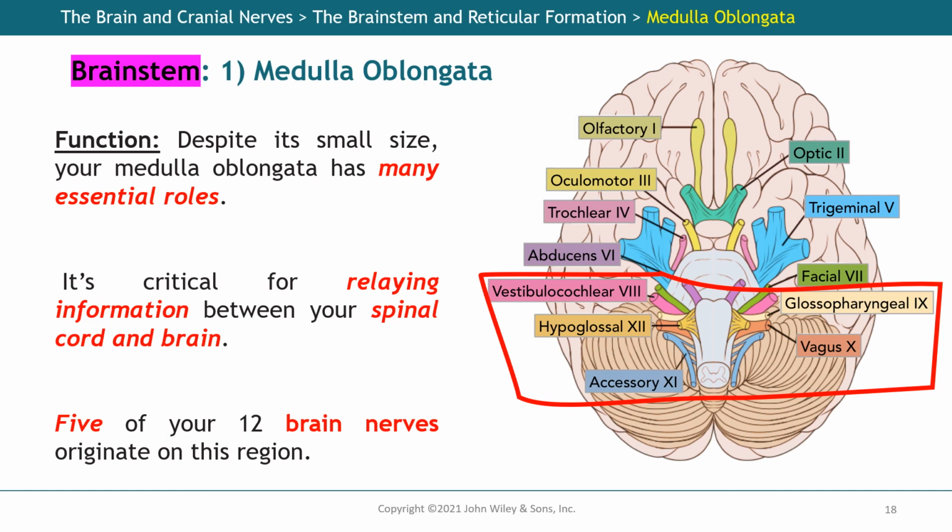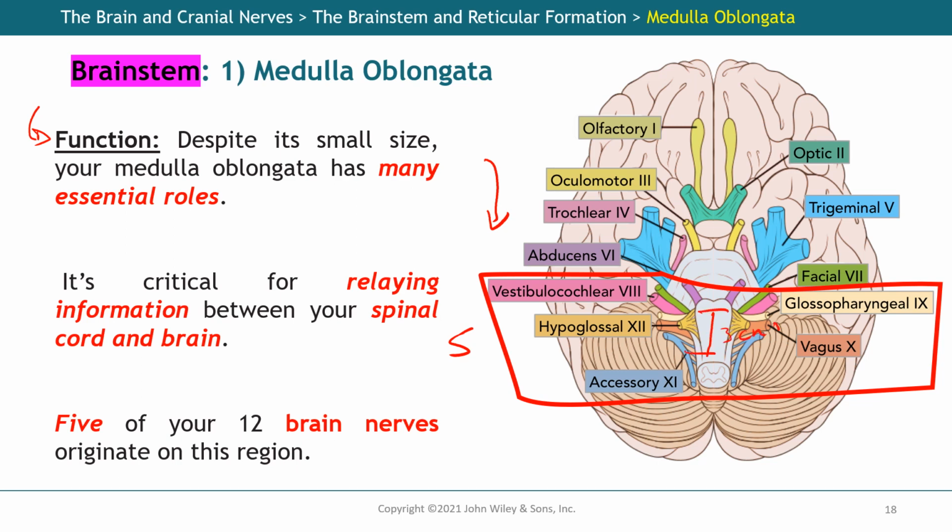So far I have told you about the location and also about the structure of the medulla oblongata. Now I'm going to talk about the function, and to do that I want to talk about these five cranial nerves and each one of the functions. But I just want to remind you that this is only 3 centimeters.